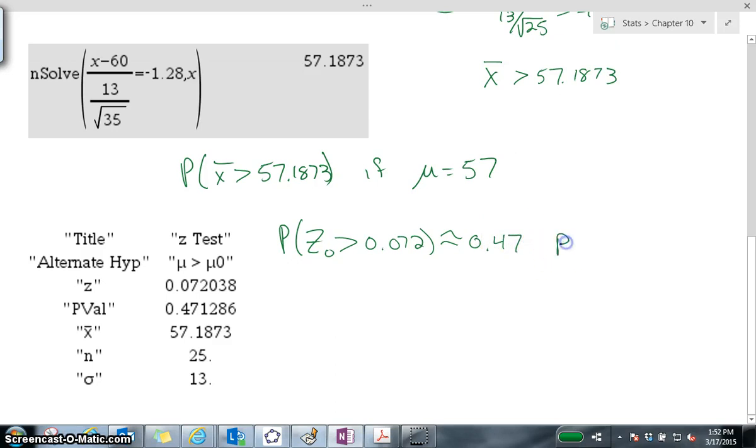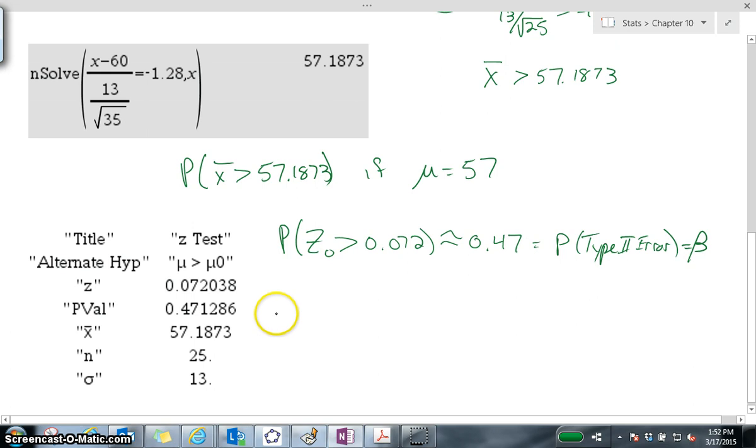So that is the probability of our type 2 error, or beta. So if we want to find the power of the test, 1 minus that, 1 minus 0.47 gives us 0.52. So 0.5288 is the power of the test.